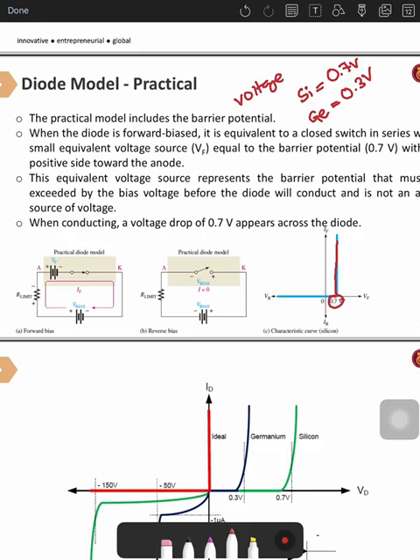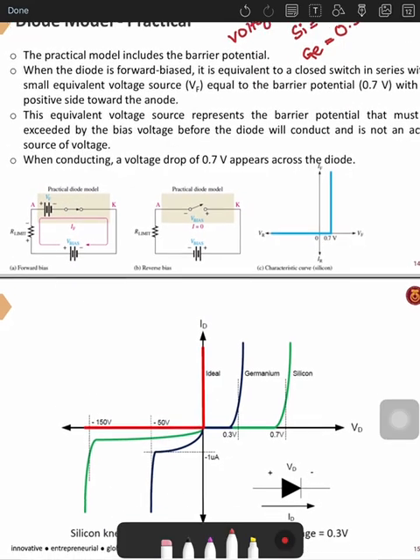For example here, we connected in the forward bias. If the voltage source exceeds the knee voltage of the diode, we can replace the diode with the battery.